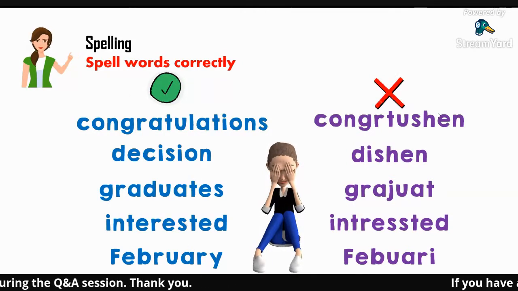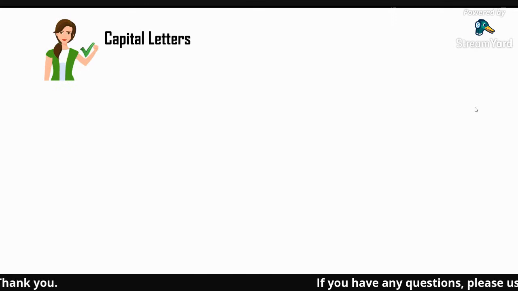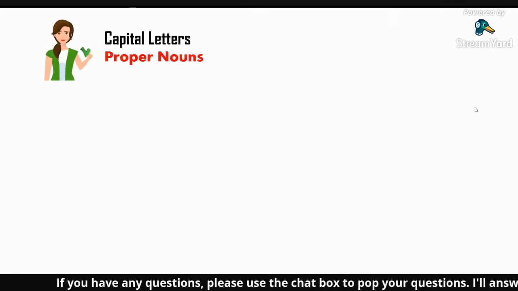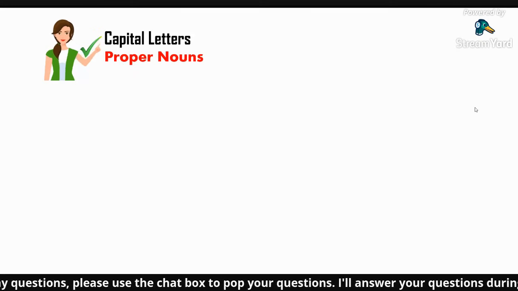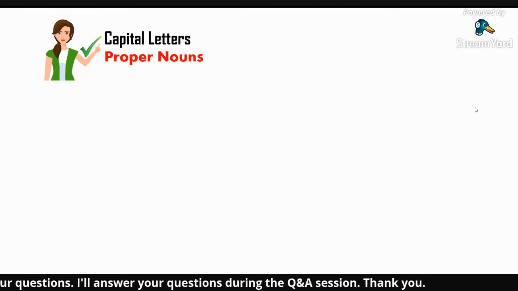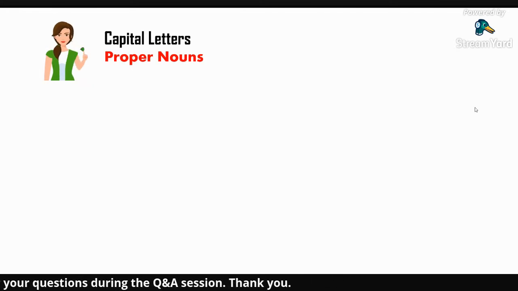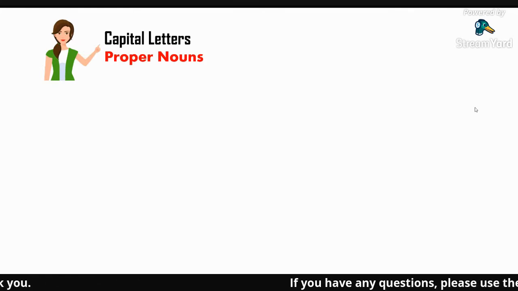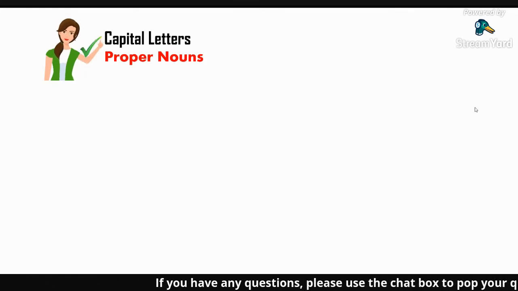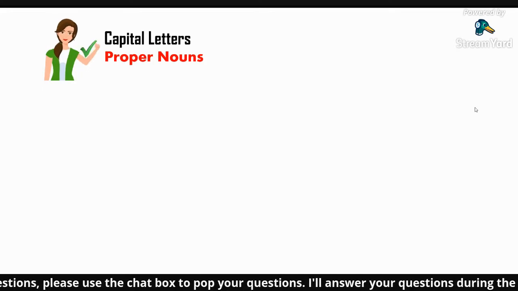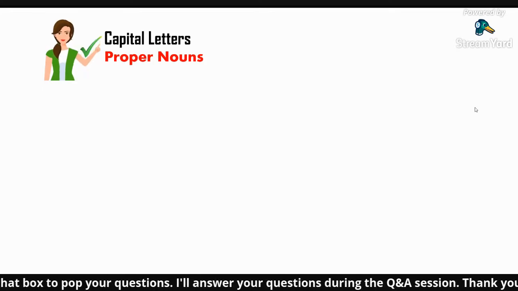Now we will look into capital letters. When we talk about capital letters, the first thing is when you are going to write in your information transfer section A, you will have to be very careful, because if you're using capital letters, most of them will be proper nouns.